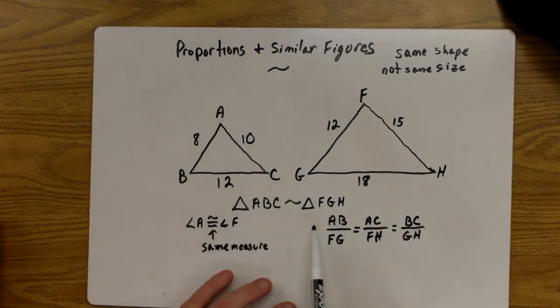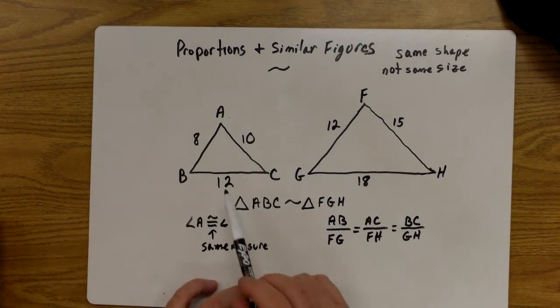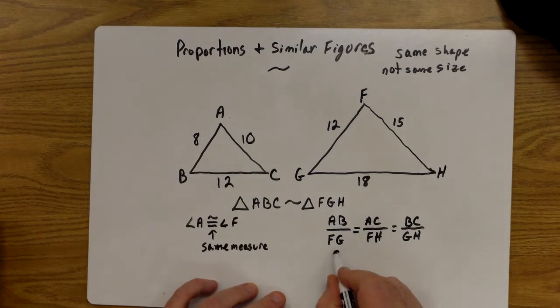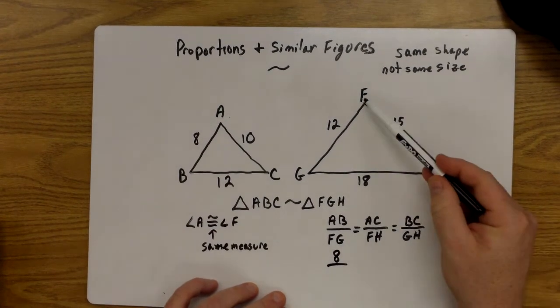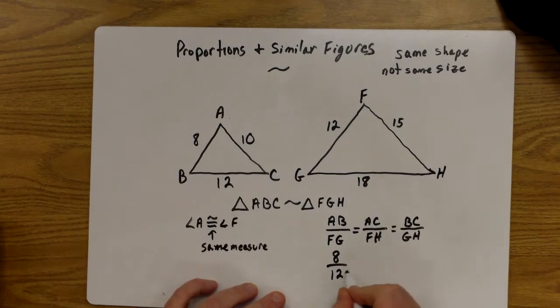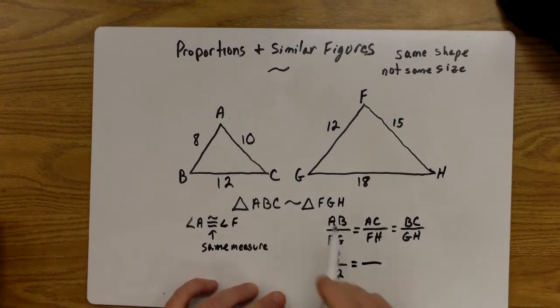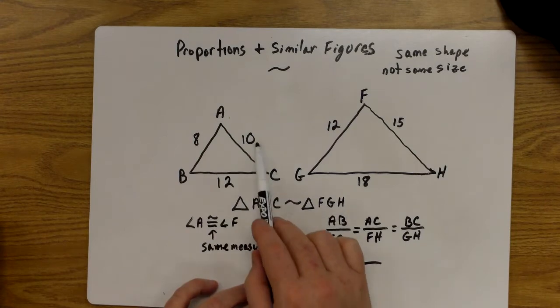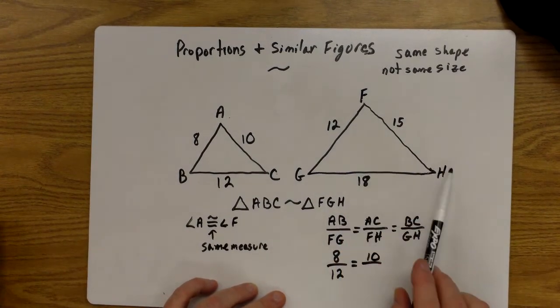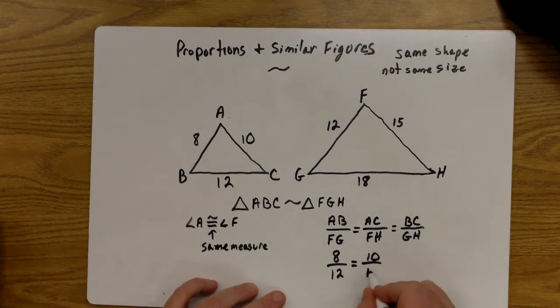Now let's go ahead and see that these ratios are actually the same. We'll take AB first, which is 8, over FG, which is 12. We'll check to see if that's equal to AC, which is 10, over FH, which is 15.